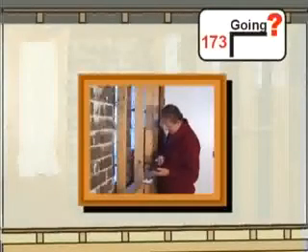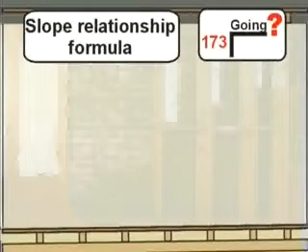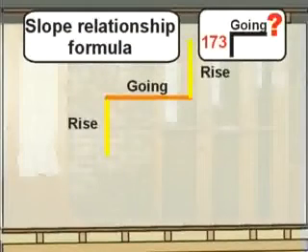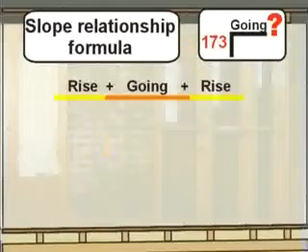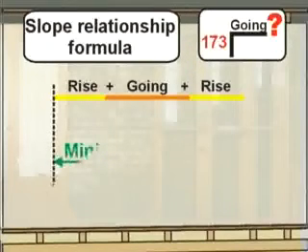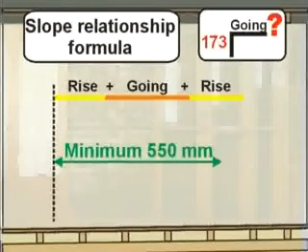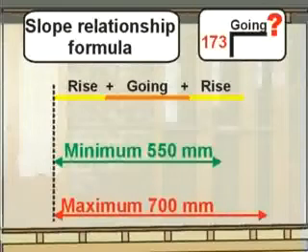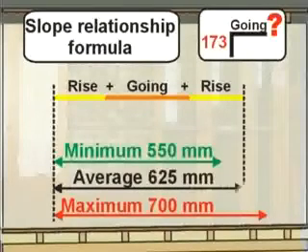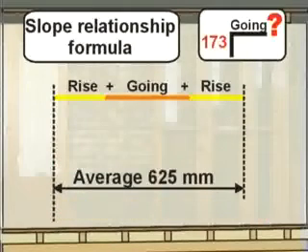Calculation of the going involves using a slope relationship formula. This states that 2 rises plus 1 going must produce a figure falling between a minimum of 550 and a maximum of 700 millimetres. The average, 625 millimetres, is convenient to use in the formula.